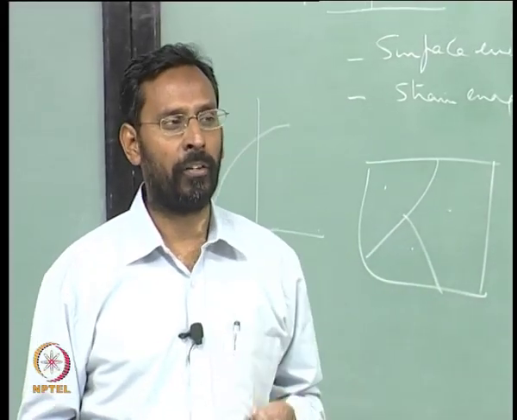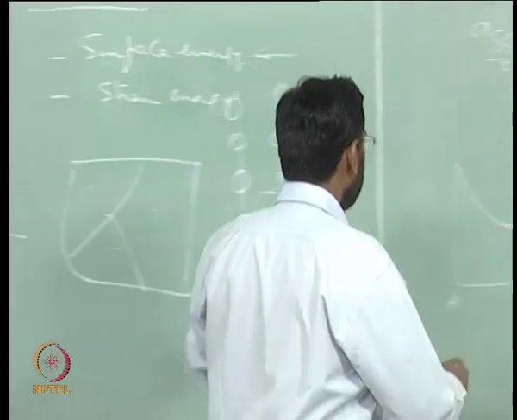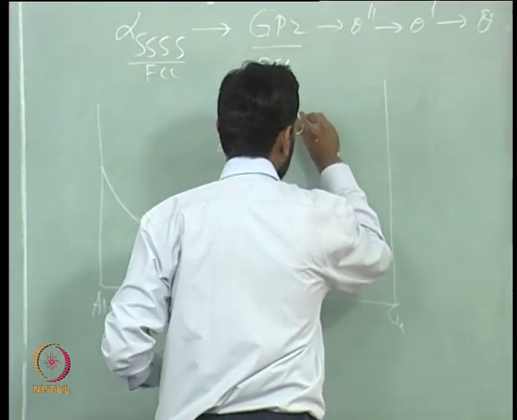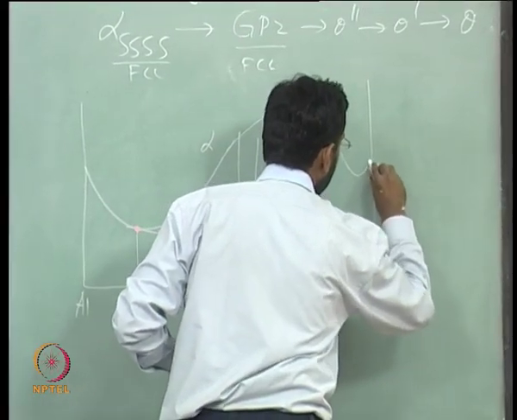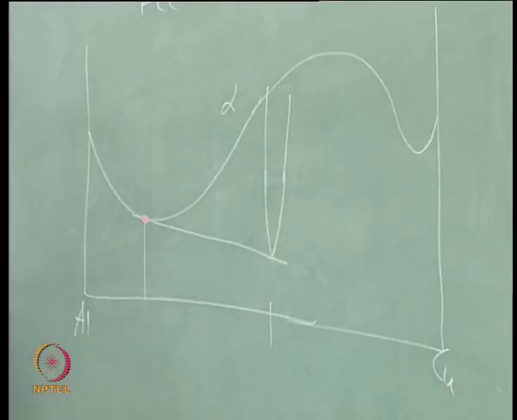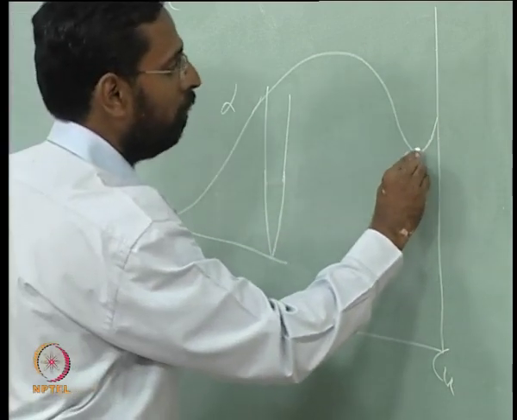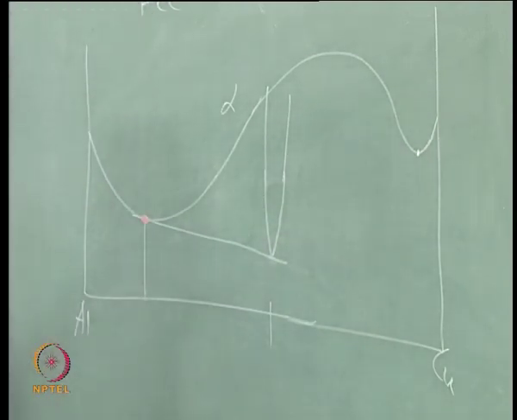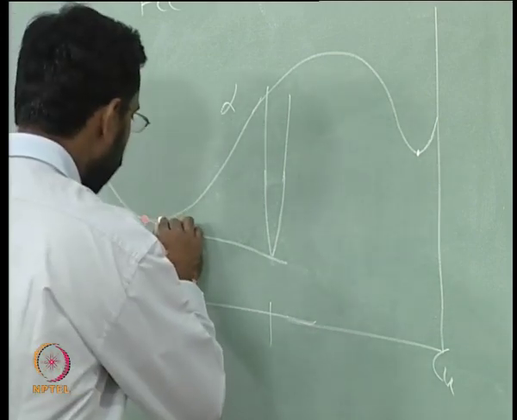This is what we have talked about somewhere. So you can see that this will look something like that, pure copper rich phase. So this is the GP zones free energy. If that is the case, now if I draw a common tangent between the two, then how will the common tangent look like?